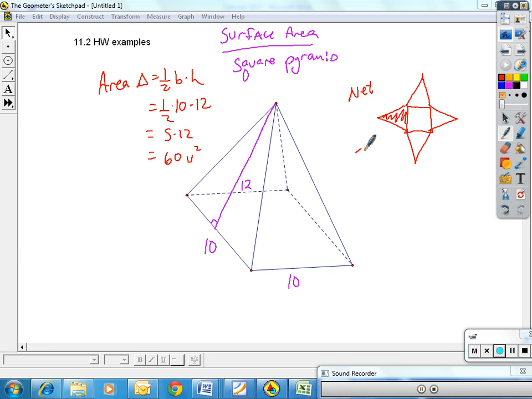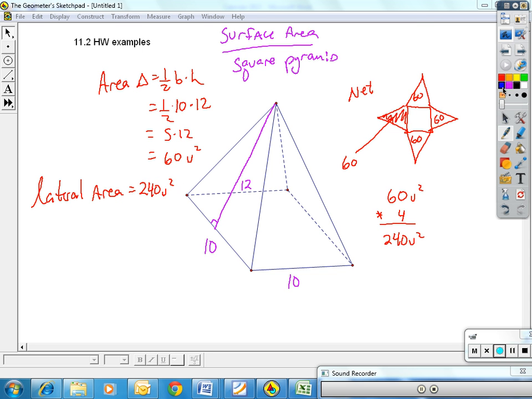So if this one's 60 units squared, this one is 60, 60, 60. We have 60 units squared times 4 of them to get 240 square units. All of that is my lateral area. So lateral area is 240 units squared.